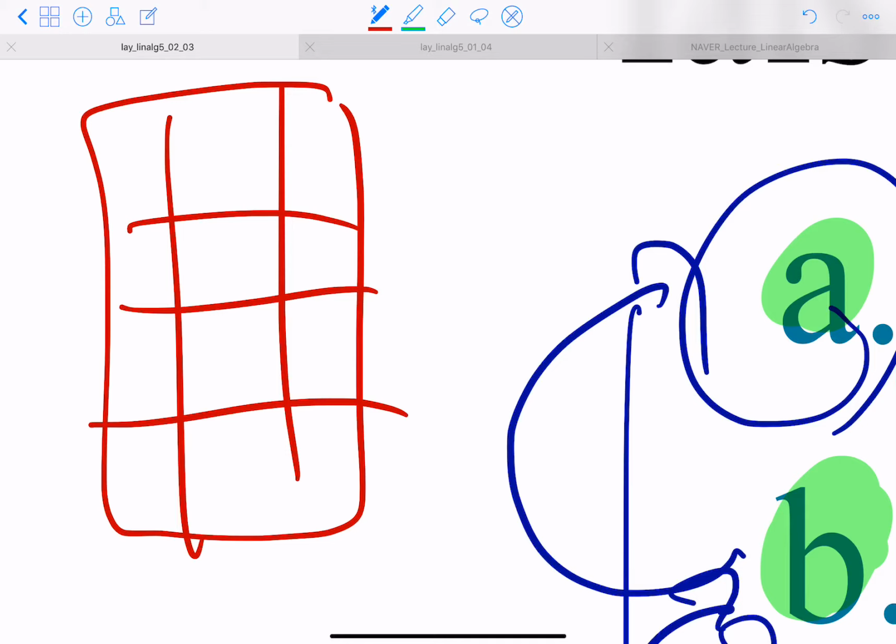So between these two types of conditions, only one of them can be satisfied, but not the other. But at the same time, in the case of a rectangular matrix, neither of those two types of conditions may be satisfied.